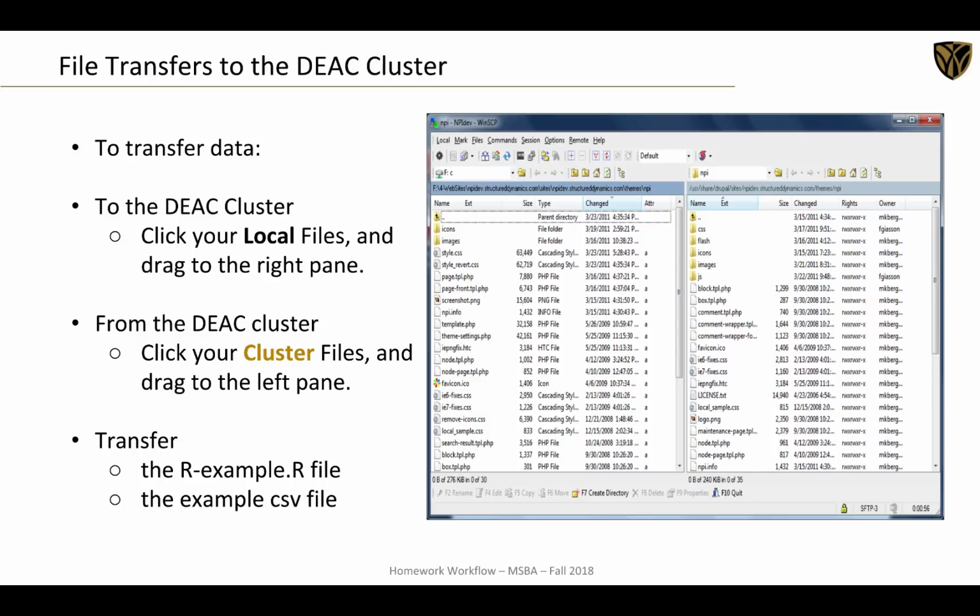Start by moving the example R file we wrote previously. Once successfully moved, next try the example CSV file, which should have been provided by your professor. If not, please pause the video now.